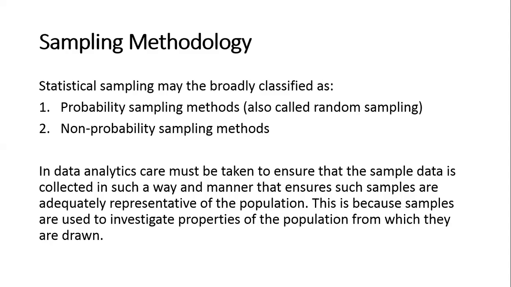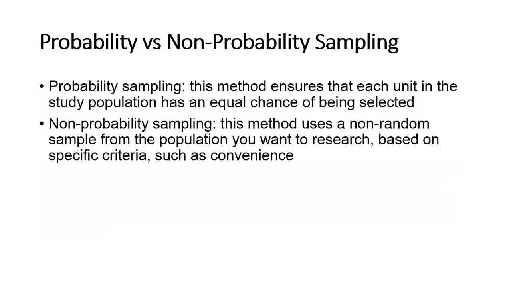That's where sampling methodology comes in. That's why we talk about the different methods of sampling. So those that are collecting the data must understand how to collect samples that will produce the desired results.